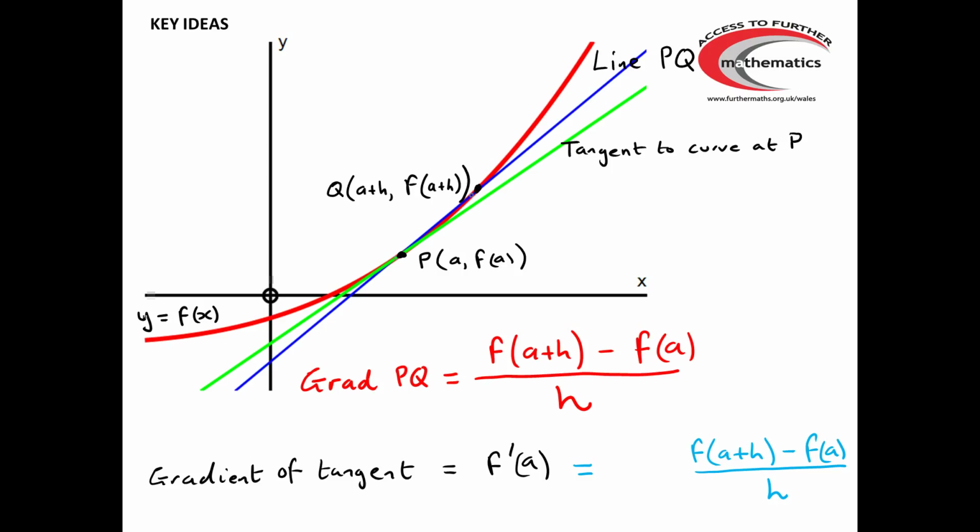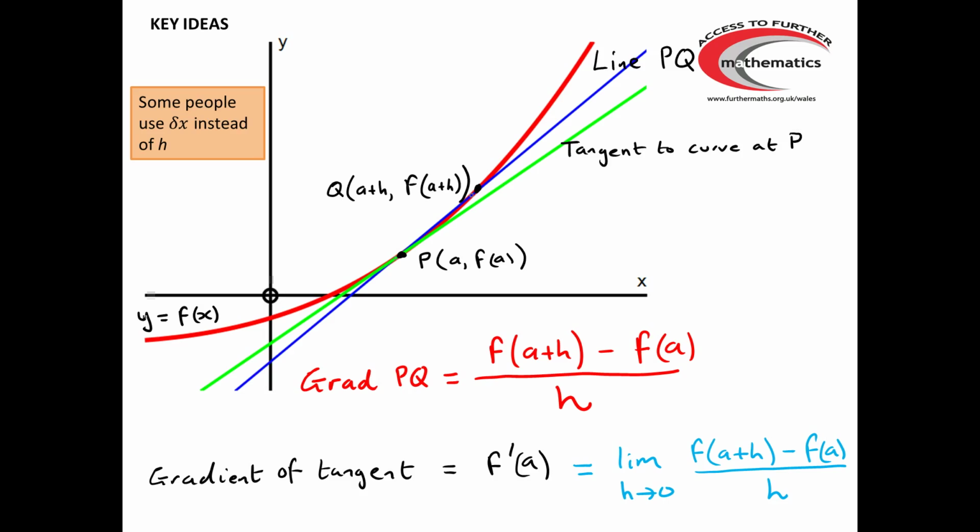So what we can say is that the value of f dash a is the limit as h tends to 0 of f of a plus h minus f of a divided by h. It's quite important to note that there are two different notations commonly used in this work, and that some people use delta x instead of h in everything that follows.